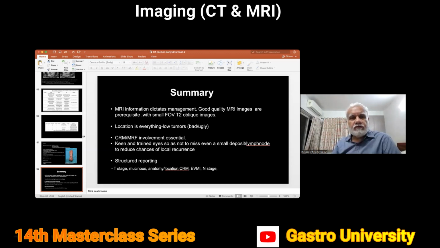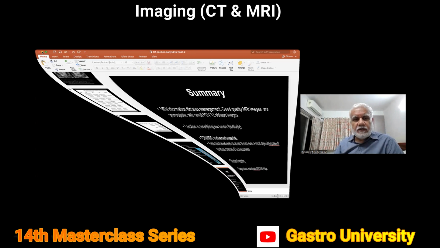Before I hand over to Diksha and Ram, one question which we examiners very often ask students in the exam when they get a case of CA rectum: what is the preferred imaging modality? Some students say both CT and MRI, some say MRI pelvis and CT chest and abdomen, some say MRI abdomen pelvis and CT chest.